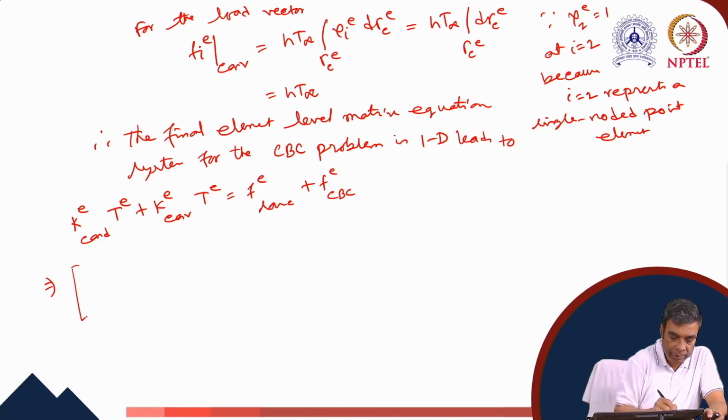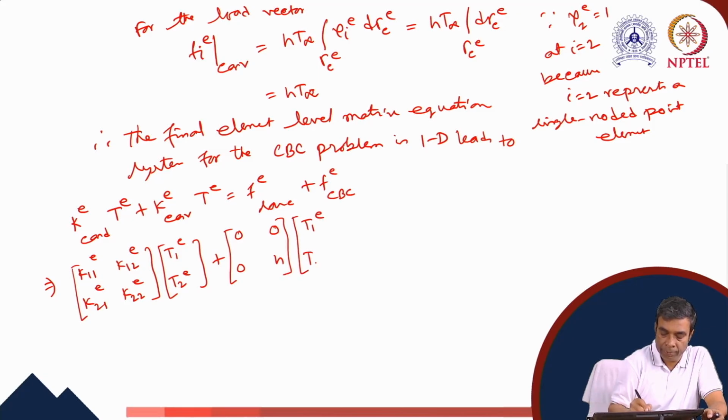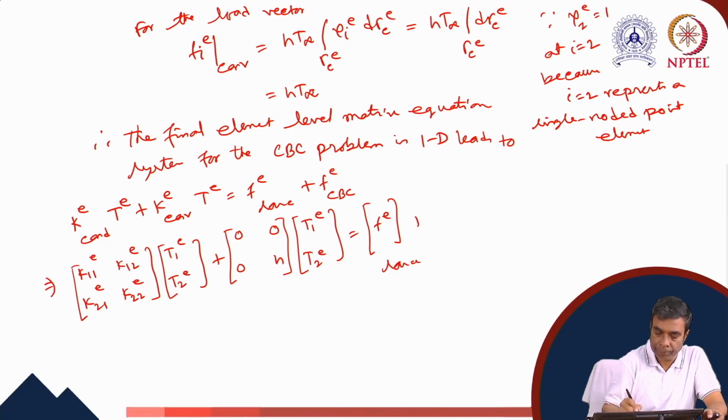This gives us K11E, K12E, K21E, K22E, T1E, T2E plus 0, 0, 0, h, T1E, T2E equals FE due to source plus 0, h T infinity.